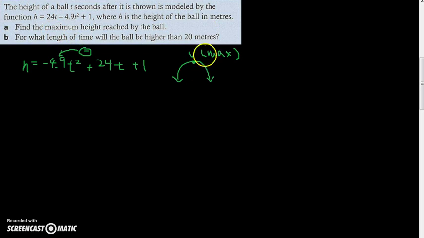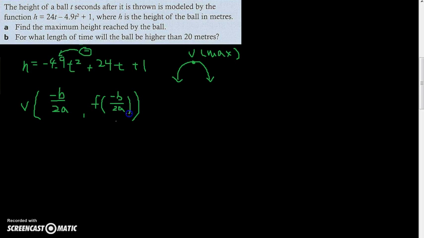In other words, we are interested in the vertex. To find the vertex, which is just a point, it's negative b over 2a, and that will give me my x coordinate. To find my y coordinate, I simply substitute my x coordinate into my original equation.